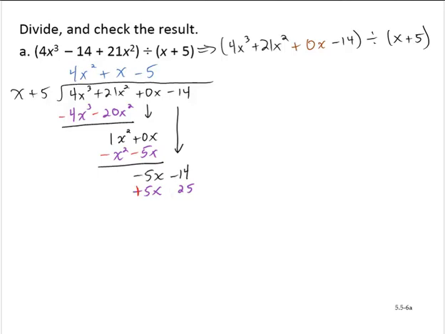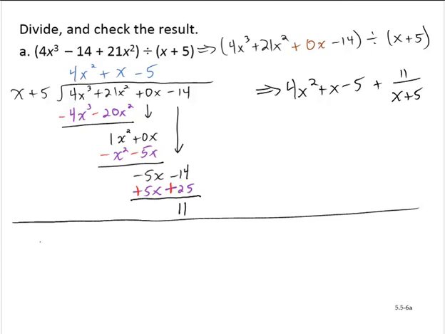So a negative 5 by a positive 5, that should have been a negative 25 here, but now I'll change the sign in the subtraction process to positive 25. And so then this combines to negative 14 plus 25 is 11. So I think then that the quotient and remainder would be 4x squared plus x minus 5, and I have a remainder of 11, so plus 11 over x plus 5.